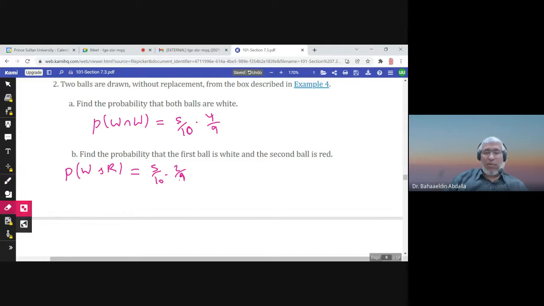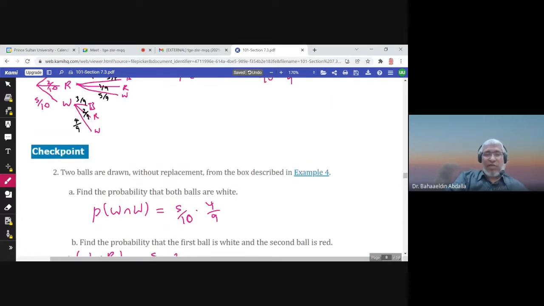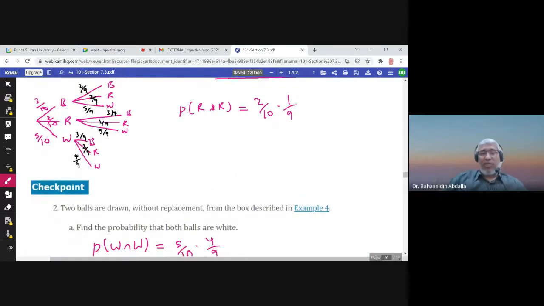Now, let me add a point. Let me ask one question. What is the probability that one ball is red, for example?